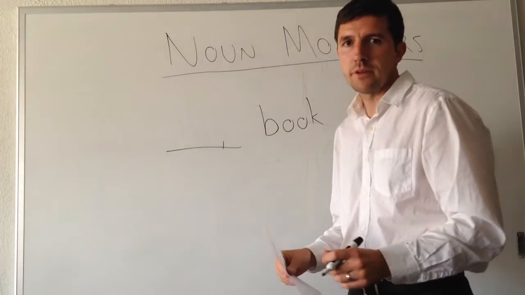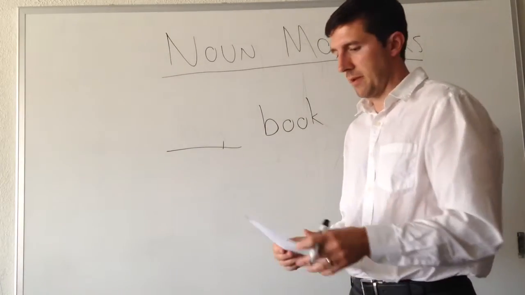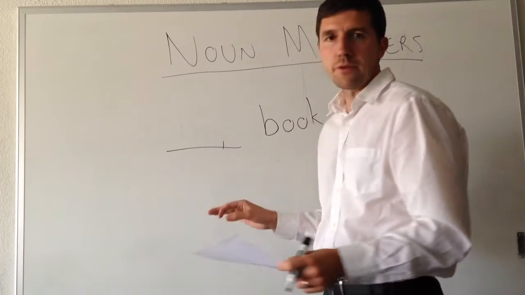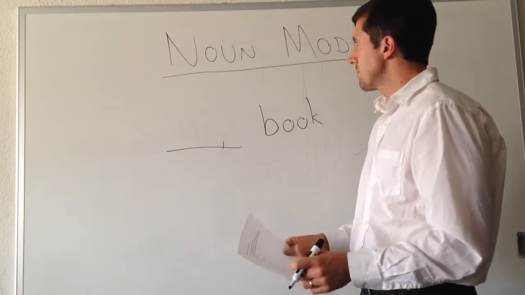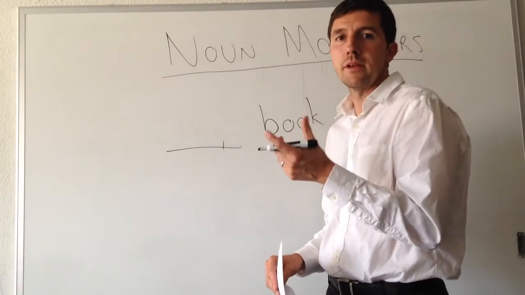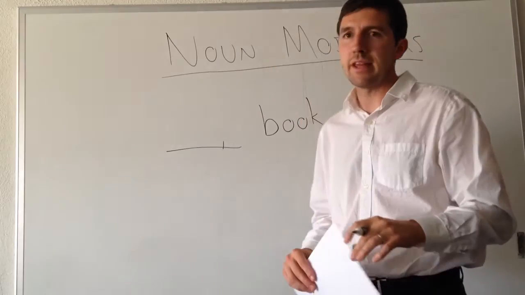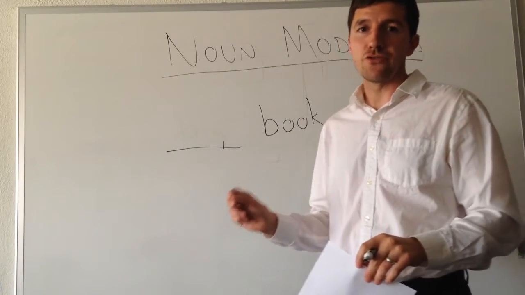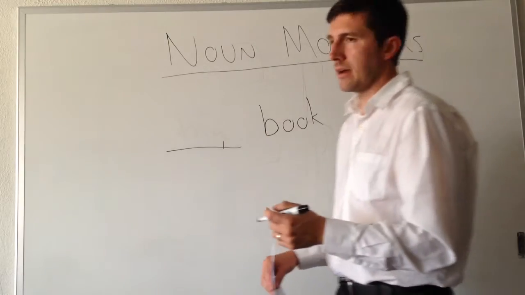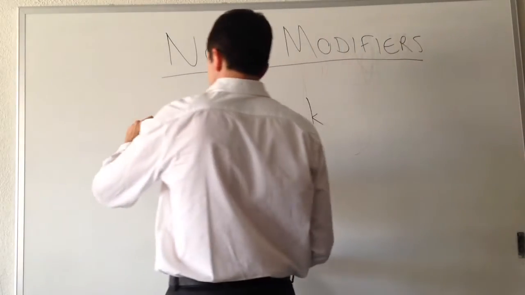A participle is a verbal adjective, and I'm going to talk about all three of these more in a bit, but just to introduce them to you now. A participle is a verbal adjective, so it takes a verb and turns it into an adjective. In English, we typically add ing to a verb or ed. So we might say a writing book.